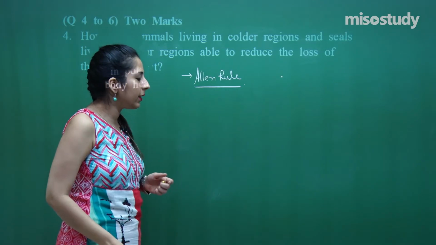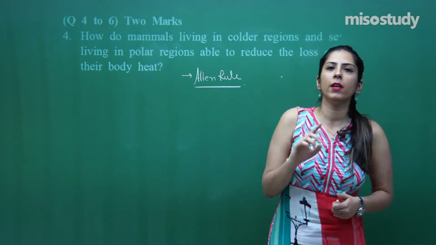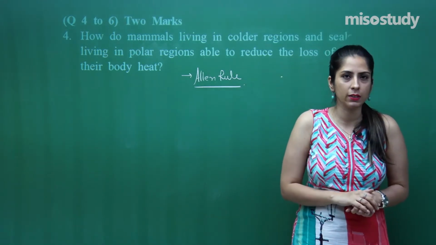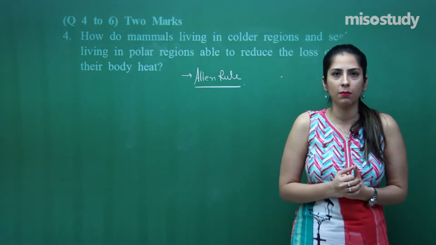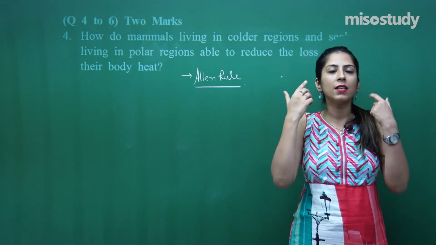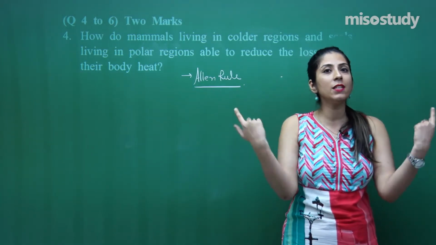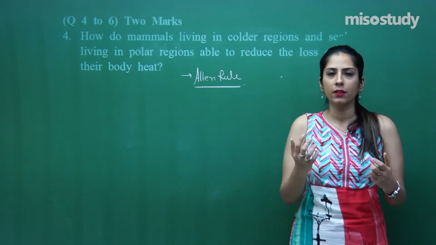Allen's rule says that organisms living in a polar or colder climate have shorter extremities. What are shorter extremities? The overall length of their arms and limbs, and the size of their pinna, is greatly reduced, so that the overall surface area of the body is reduced. If the surface area of the body is reduced, then what will happen?